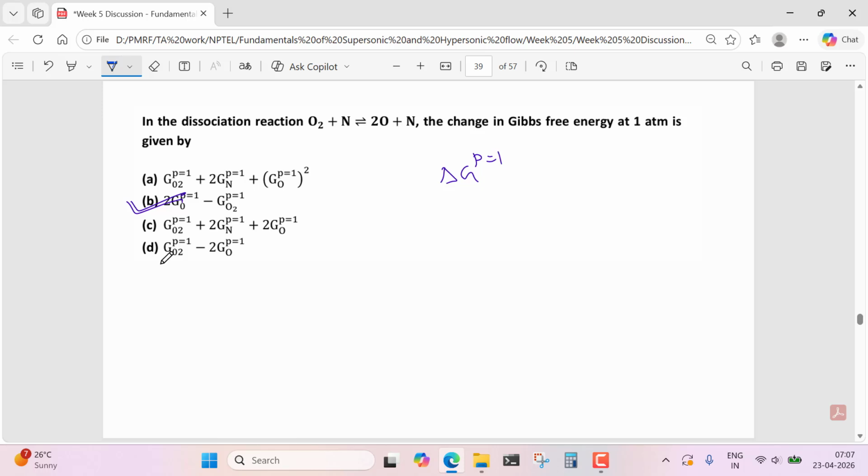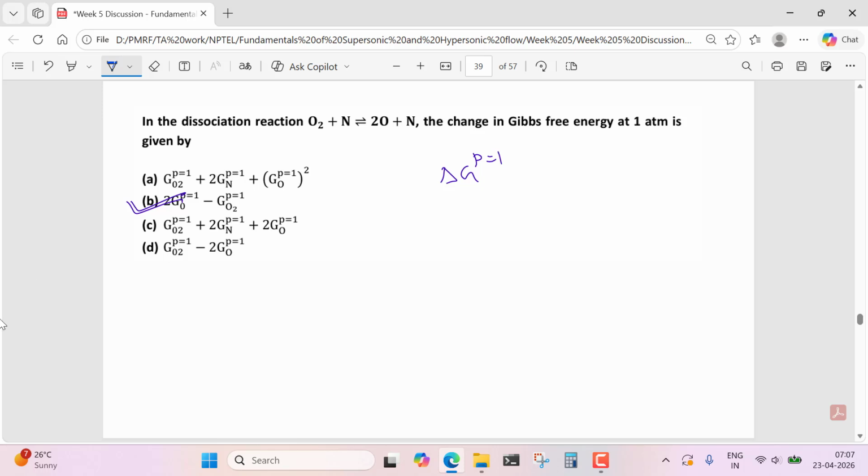Option C, G O2 at P equal to 1 plus 2 G N at P equal to 1 plus 2 G O at P equal to 1. Option D, G O2 at P equal to 1 minus 2 G O at P equal to 1.